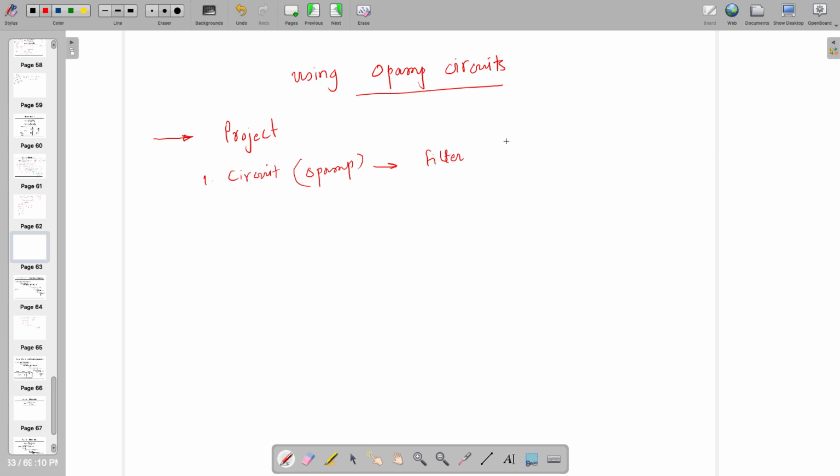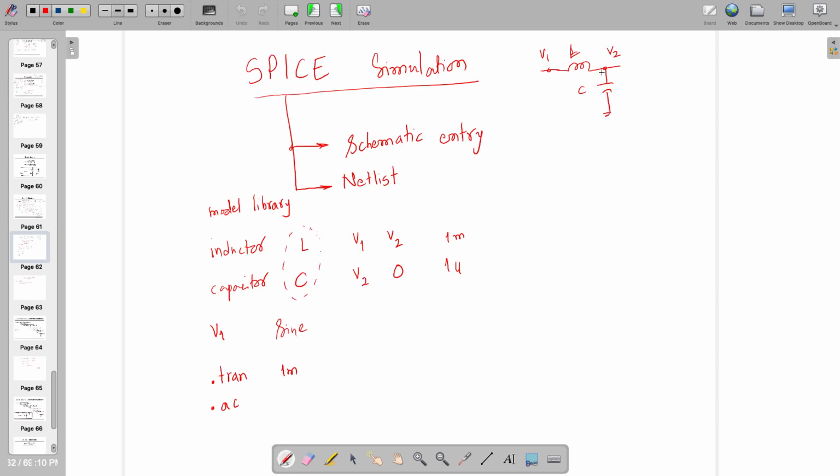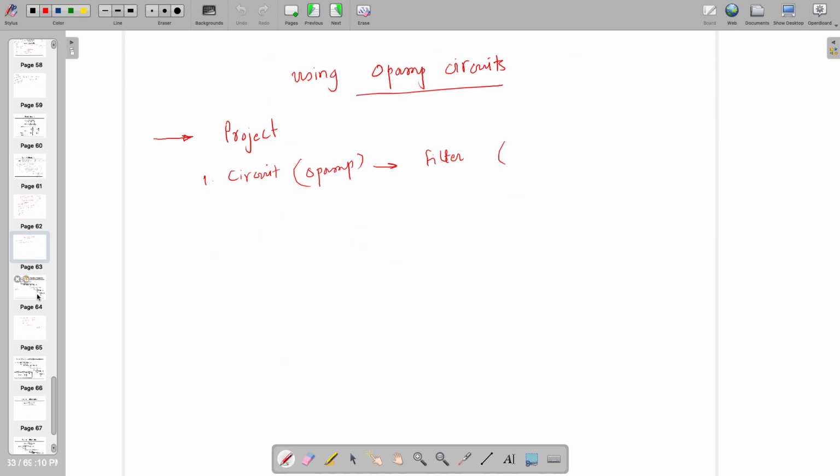It might be third order, fourth order, fifth order, anything. The circuit will be given to you, and by looking at its schematic, you have to write the netlist. And through the netlist, you have to simulate it, share the results, and show me those results. On the basis of that, I'll give you marks. So that project is of 10 marks.